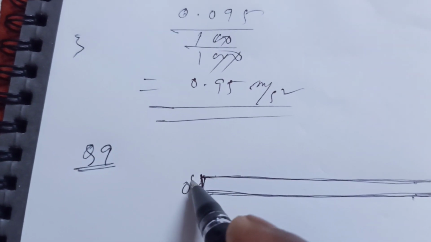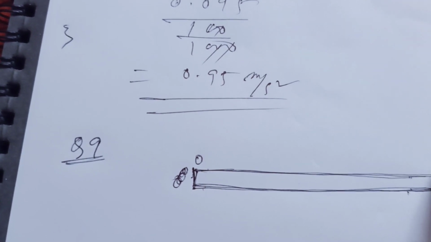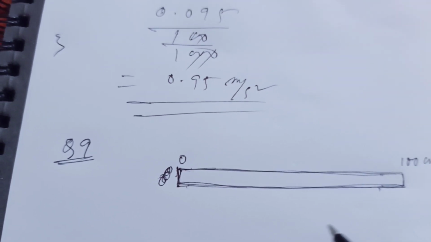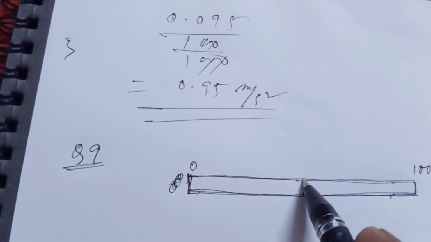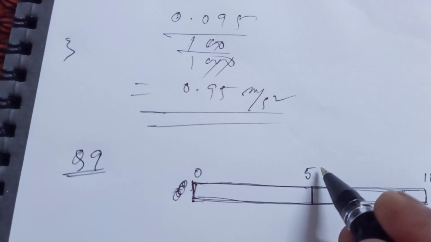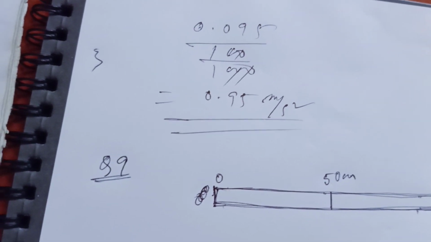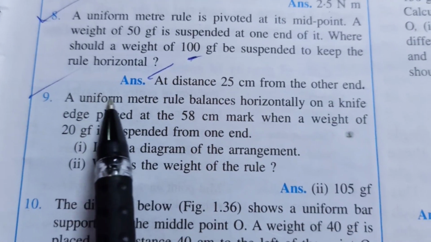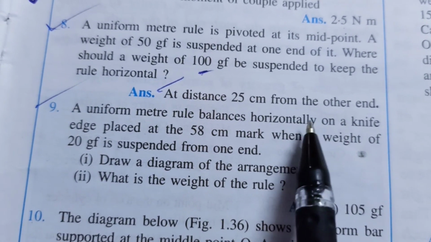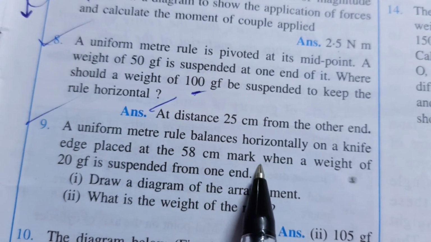Suppose it is at the 0 mark, and this is the 100 centimeter mark, and this is the 50 centimeter mark. The question is: a uniform meter rule balances horizontally on a knife edge placed at the 58 centimeter mark.